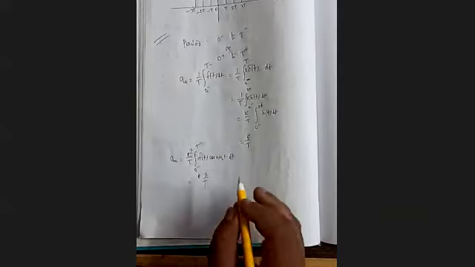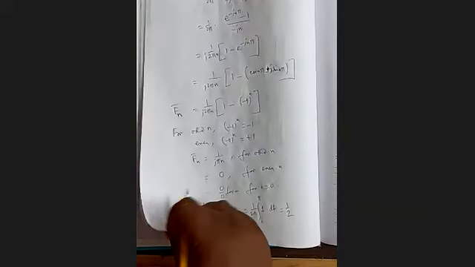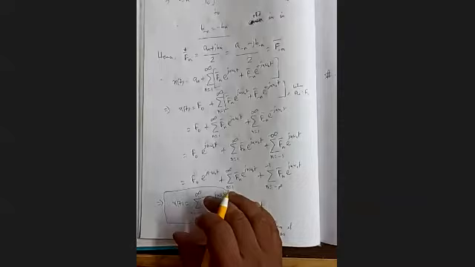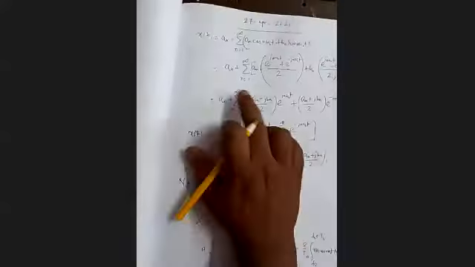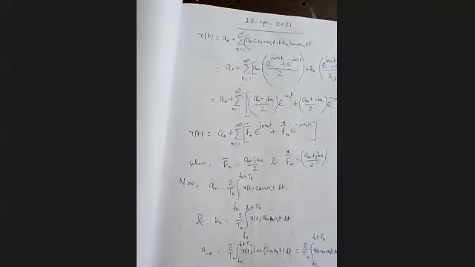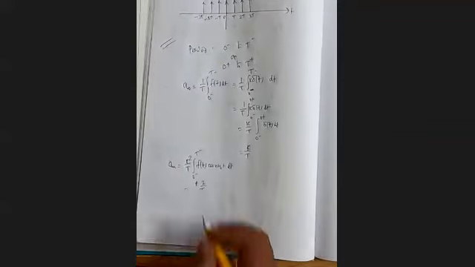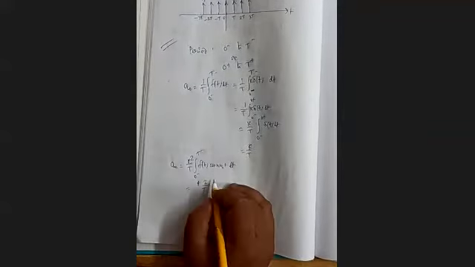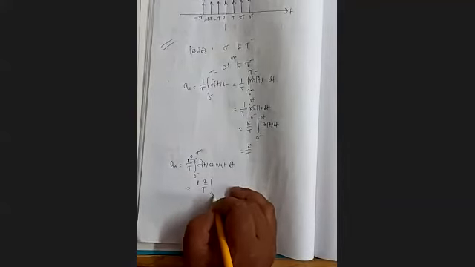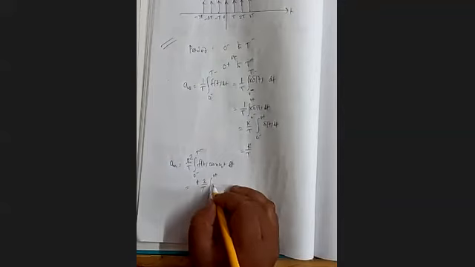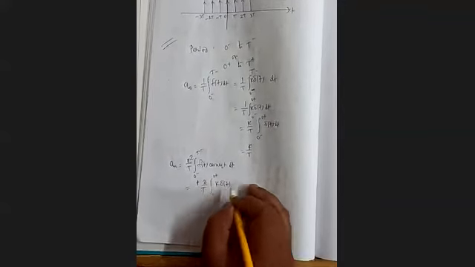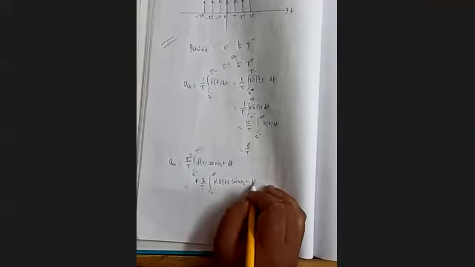So it's 2 by T integration from 0 minus to 0 plus of k delta t cos n omega 0 t dt.